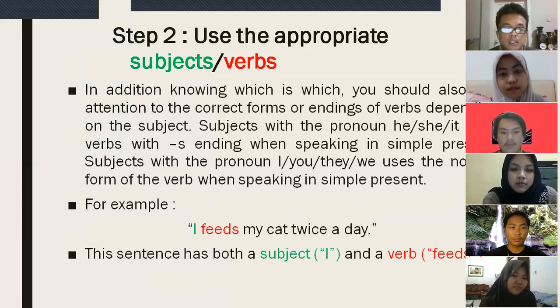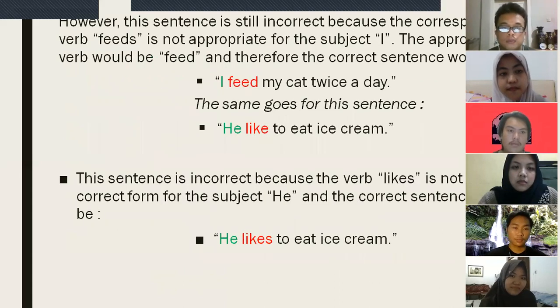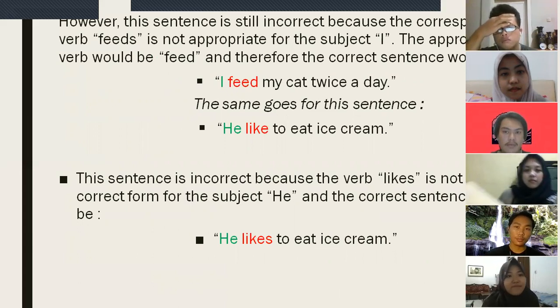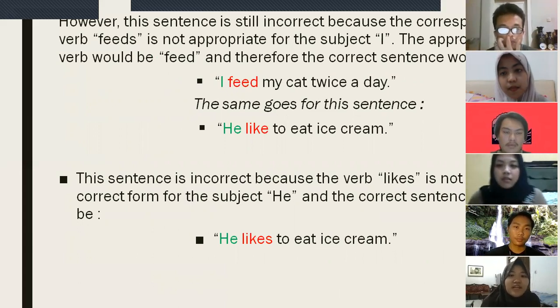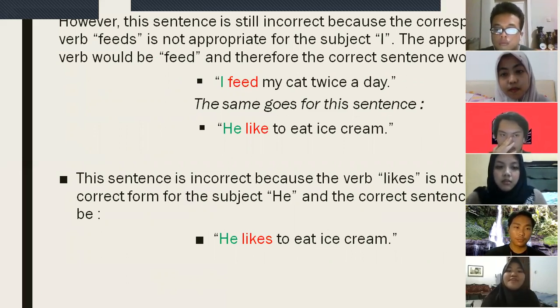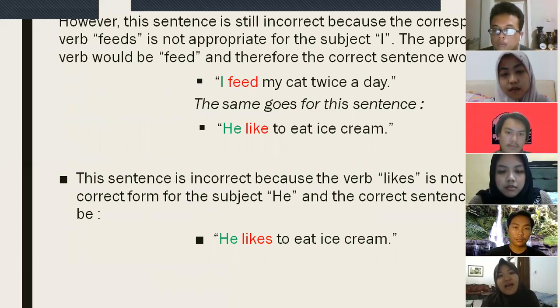The sentence has both a subject I and a verb feeds. However, this sentence is still incorrect because the corresponding verb feeds is not appropriate for the subject I. The appropriate verb would be feed, and therefore the correct sentence would be I feed my cat twice a day.